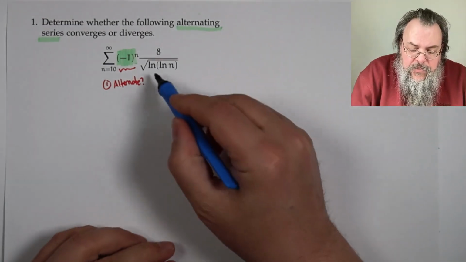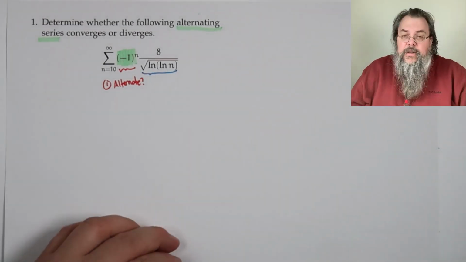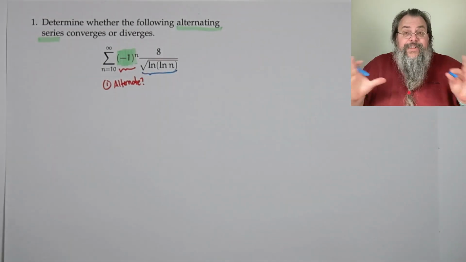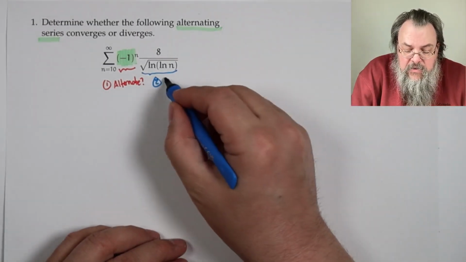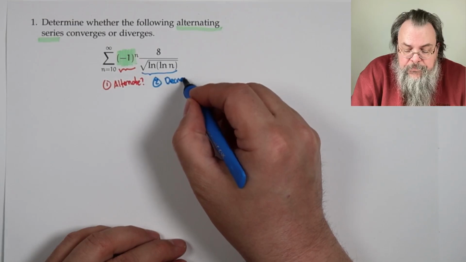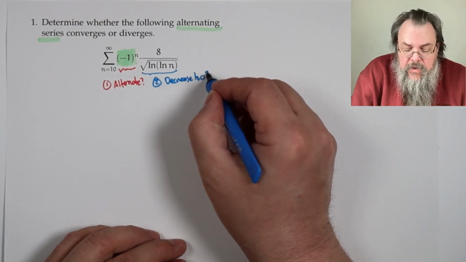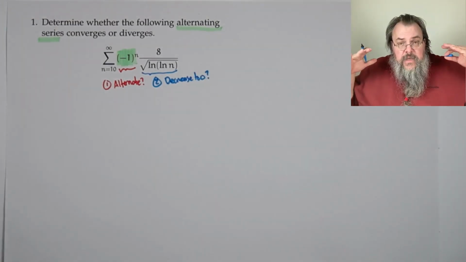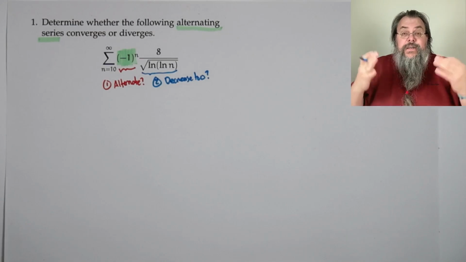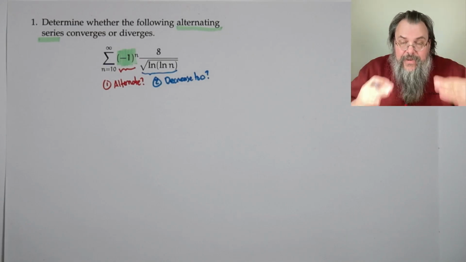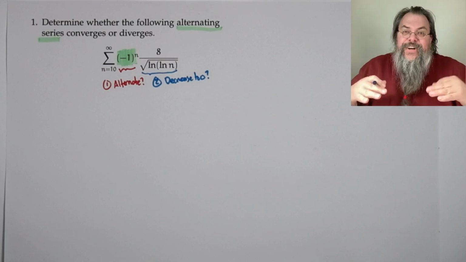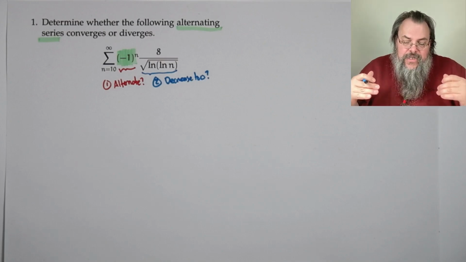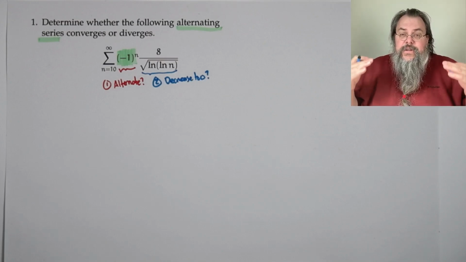But now, the second thing is to look at the part that's not the alternating part. Does this decrease to 0? If it goes down to 0, it converges. If it doesn't go to 0, it doesn't converge.